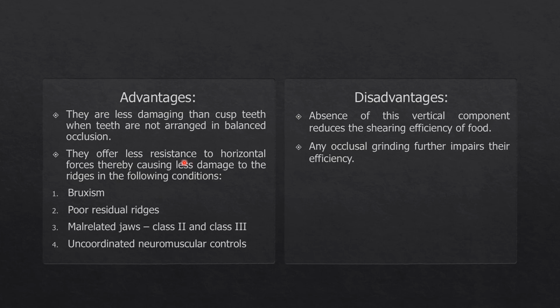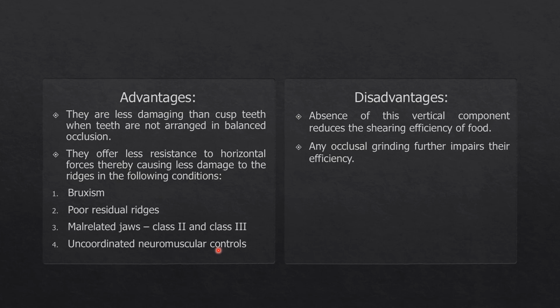They are especially useful in cases of bruxism, as I mentioned, poor residual ridges, class 3 and class 2 jaw relations, and patients with uncoordinated neuromuscular control. Most of the time when patients are very old, in their late 70s or 80s, or have suffered a stroke, they will have poor neuromuscular control.